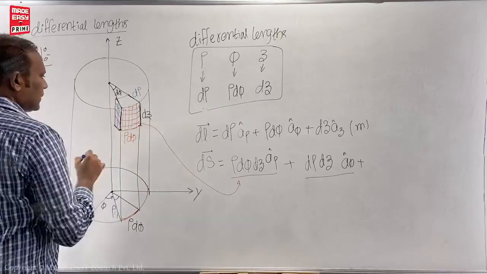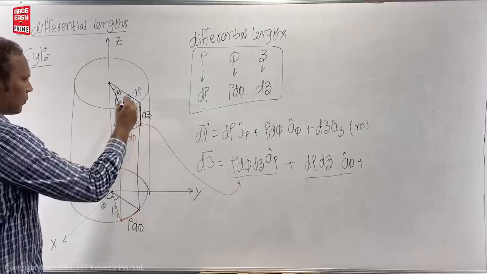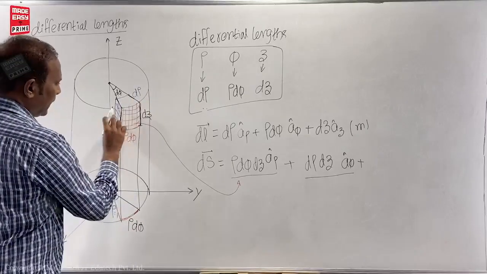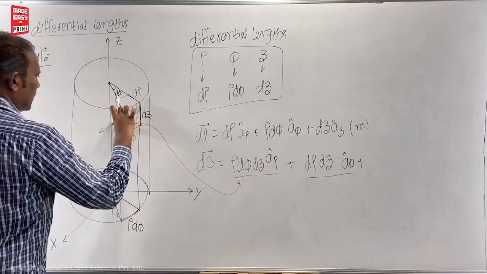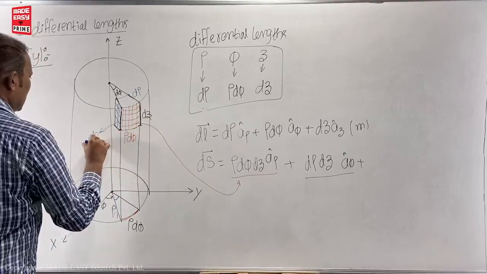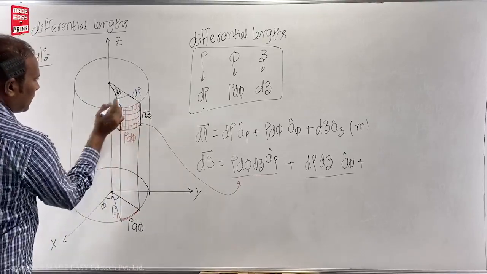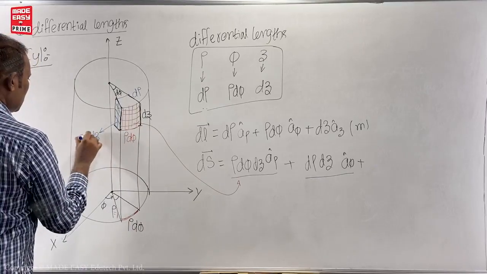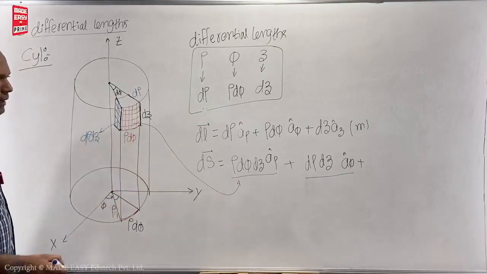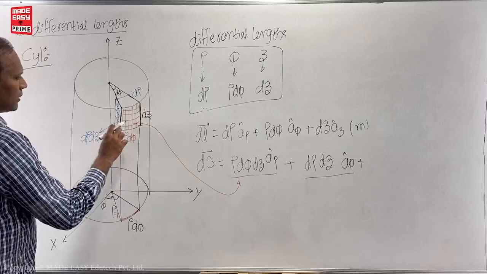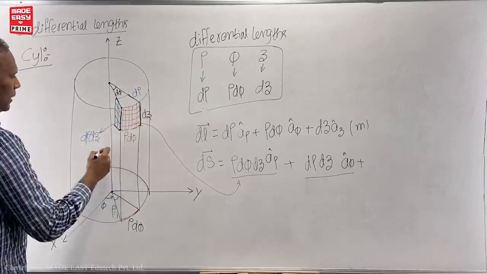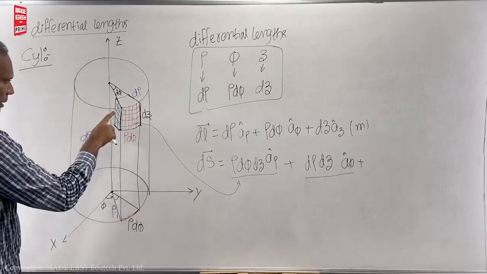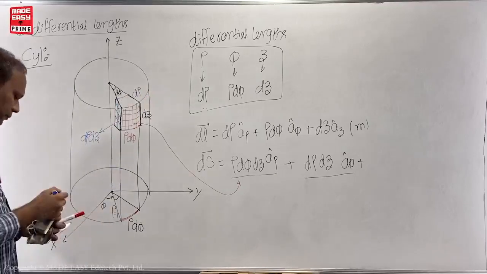Of course it comes on this side, but area-wise I am talking. What is the area of this? This is dz, right? And this one is d rho. So d rho into dz. Of course, for this surface, plus a phi means you get that side. Actually, we can't see that one, but it is similar to this side.